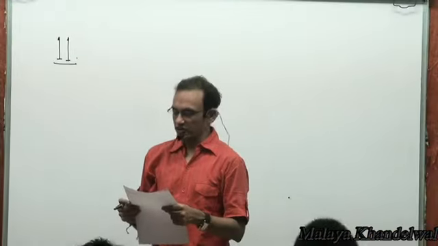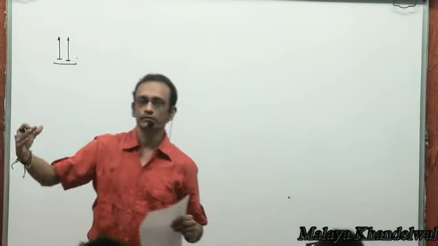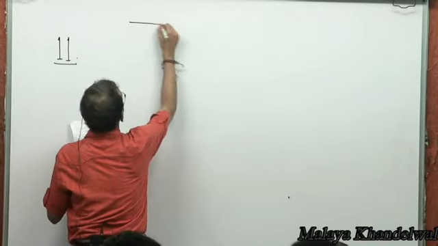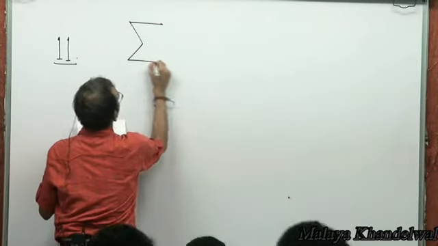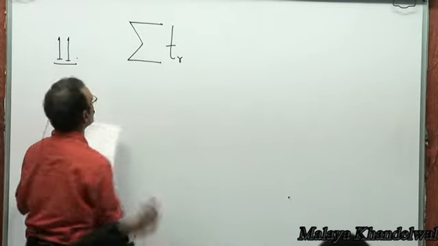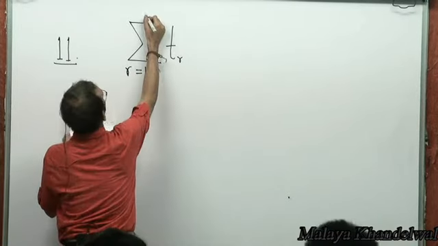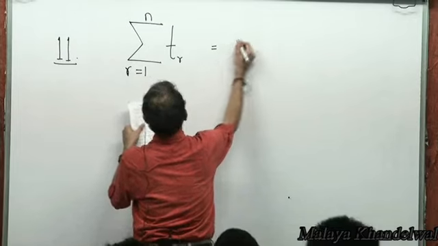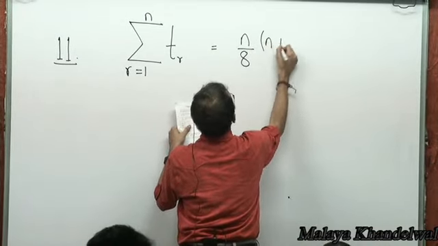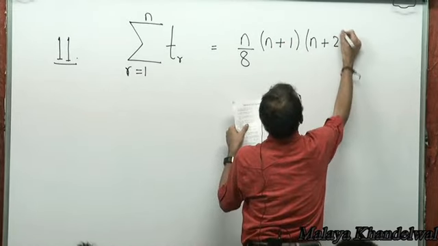So we have a set of terms tr, t1, t2, t3, tn, such that the summation of tr, that means t1 plus t2 plus t3 plus tn, for r equal to 1 to n, is n by 8 into n plus 1 into n plus 2 into n plus 3.